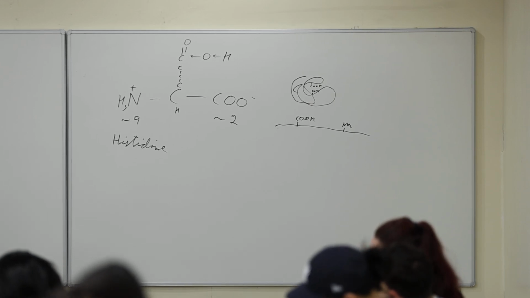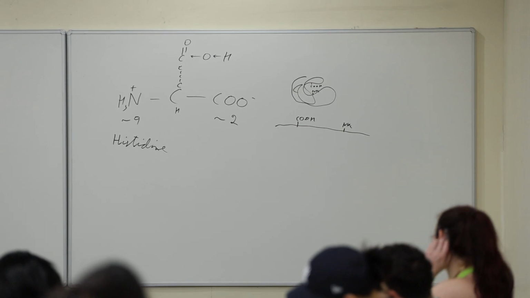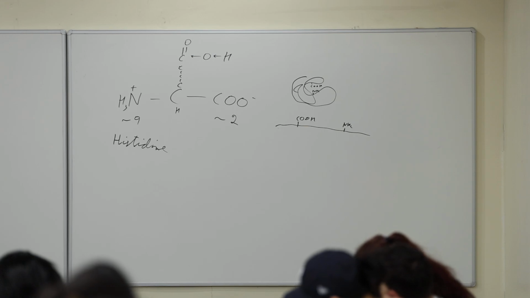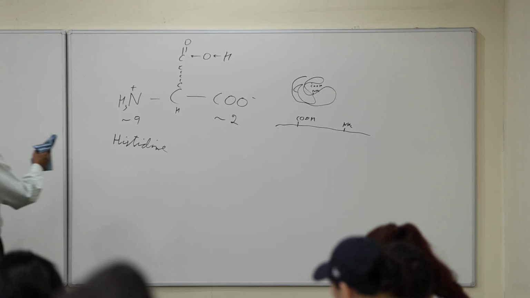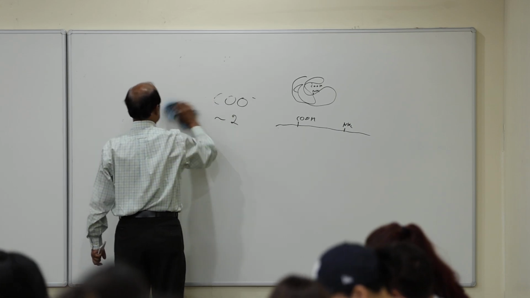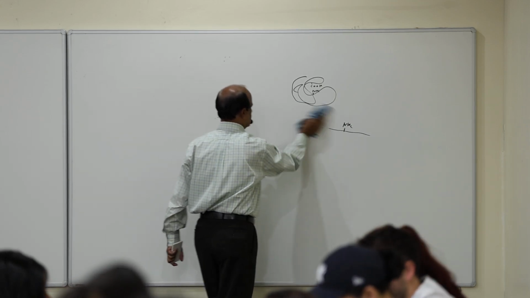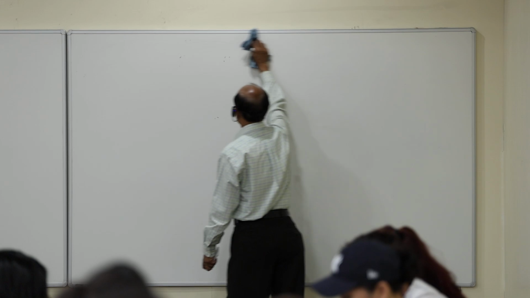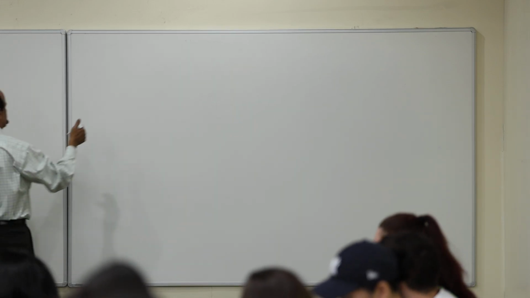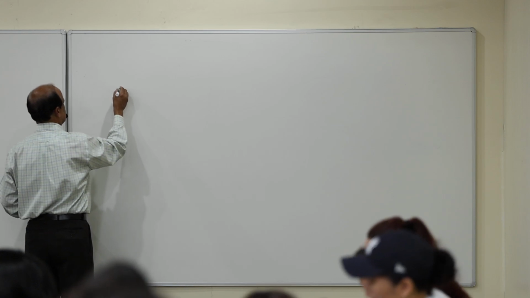Let's look at any of these amino acids and decide what will be the species present as you increase the pH. So you can start with any amino acid, doesn't matter which one.